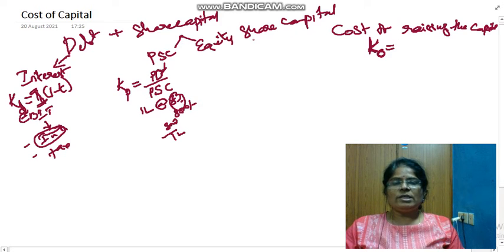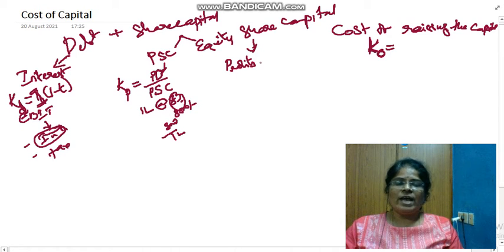Now equity share capital. Once the equity share capital is raised from the public, the profits whatever the firm gets at the end of its financial year will be distributed. There is a small clarity which is further discussed in further videos.